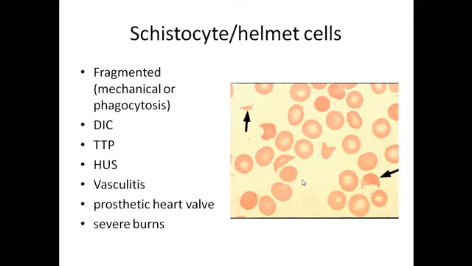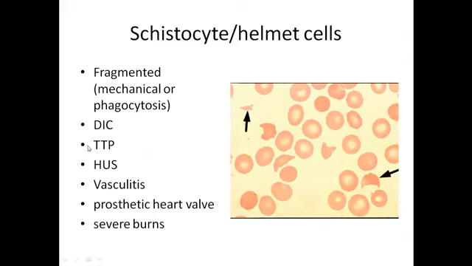Schistocyte is a very important slide. Frequently asked: what are the causes of schistocytes? We have to know this, keeping in mind that this question is asked in various parts of your examination system. Causes of fragmented RBC: schistocyte means fragmented RBC. Causes are DIC, thrombotic thrombocytopenic purpura, and hemolytic uremic syndrome. If you know all of these three causes, it is very important for all of us.